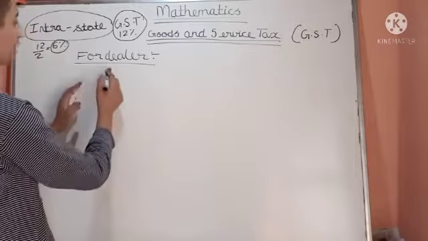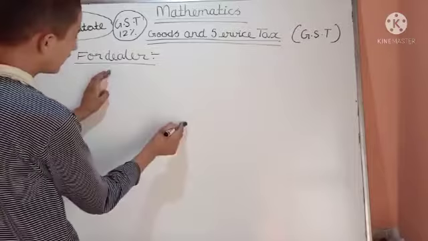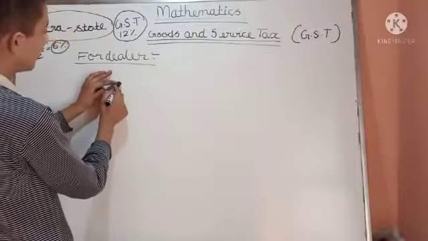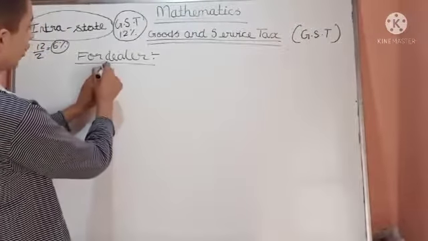Because the manufacturer is selling to the dealer and the dealer is purchasing from the manufacturer. So the CP for the dealer will be rupees 12500.